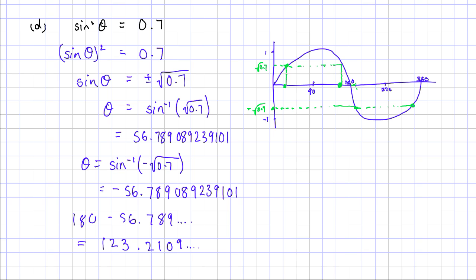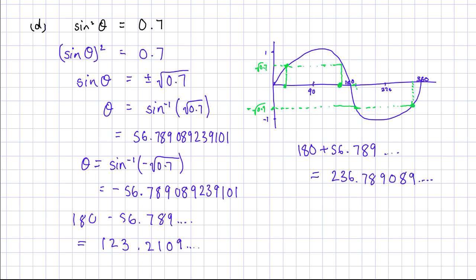So that's going to give me 180 plus 56.789 and so on. This gives me a value of 236.789089, and it carries on. And the final value I can see is going to be here, and this time I can take away this distance from 360.